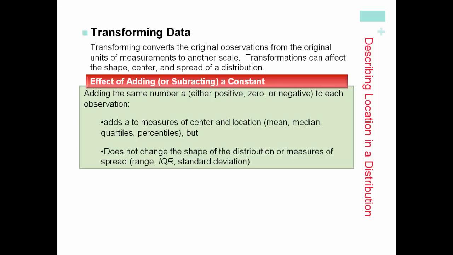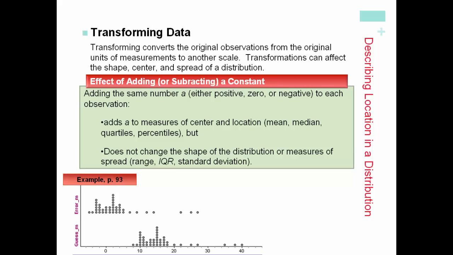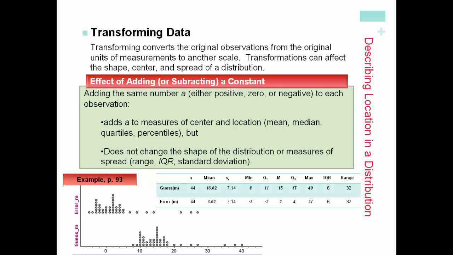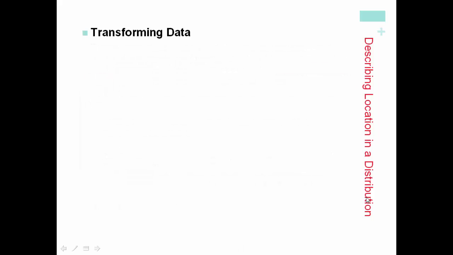However, it does not change the shape of the distribution or measures of spread, which include the range, the IQR, and the standard deviation. So again, here's an example of a dot plot showing all of our information on some data that we got from our graphing calculator or from a computer.